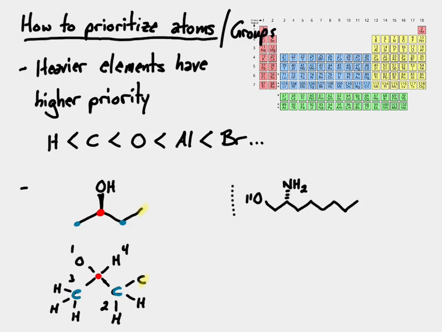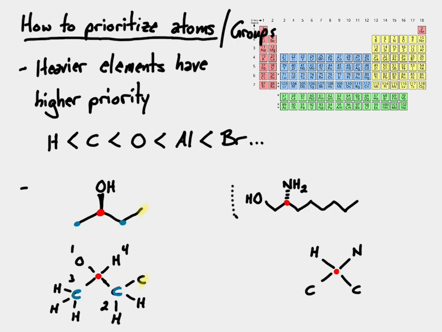Let's look at a slightly larger molecule here, and we'll look at the stereogenic center. The first challenge of any question of chirality or R and S is actually to identify the stereogenic carbon. That stereogenic carbon happens to be the one that is bound to the nitrogen. That carbon is bound to a nitrogen, a hydrogen, and 2 carbon atoms.